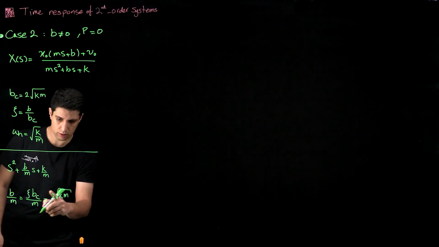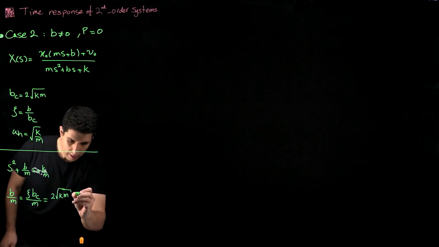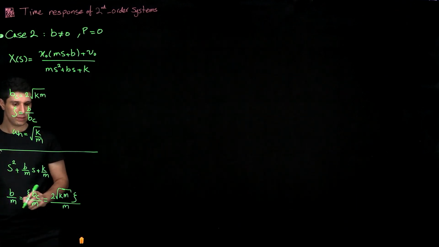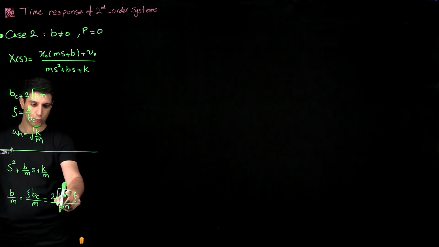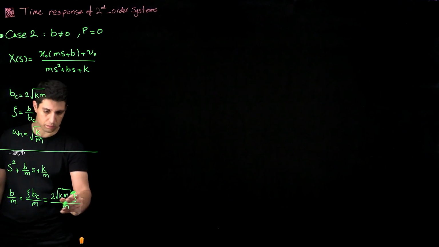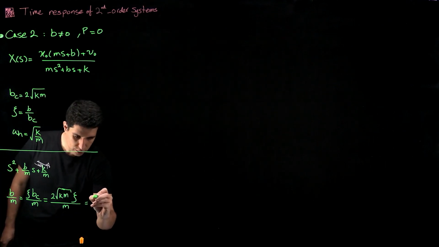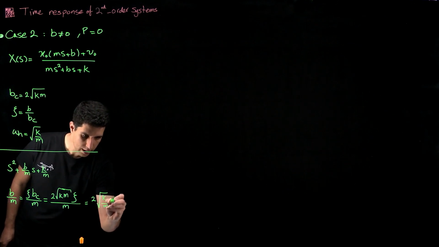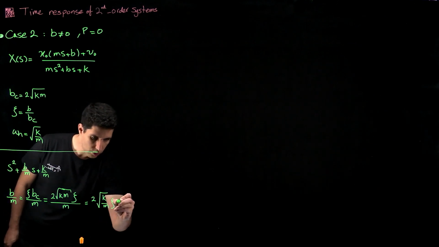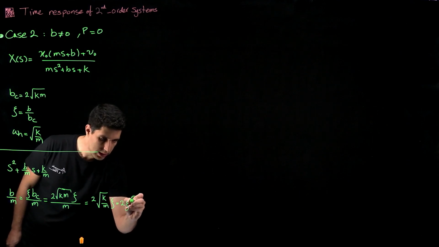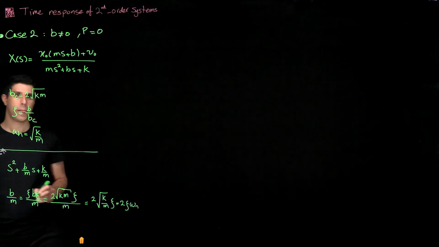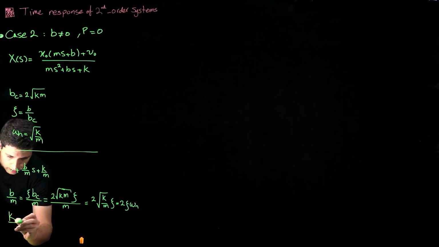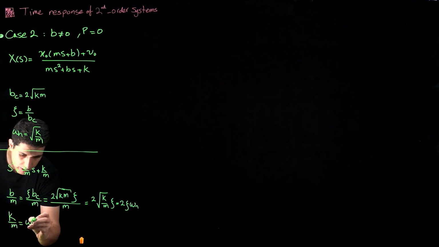times zeta divided by m, and I can cancel out one square root of m from top and bottom. This becomes 2 square root of k over m zeta, or 2 zeta omega n. And this term k over m, obviously we had it before, is omega n squared.